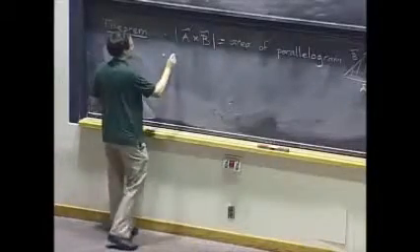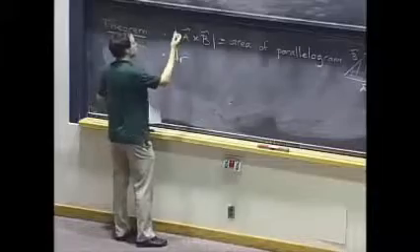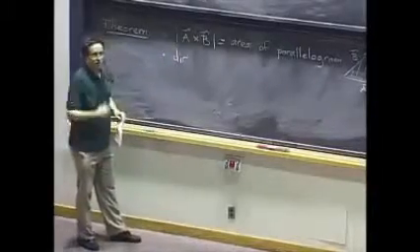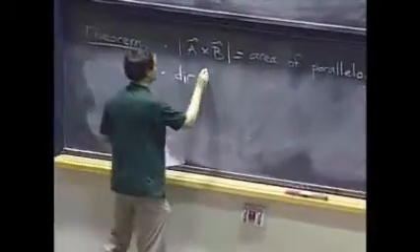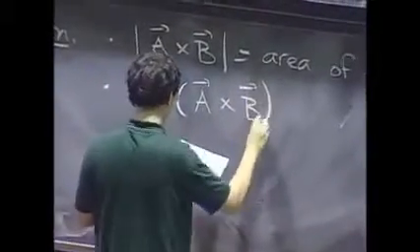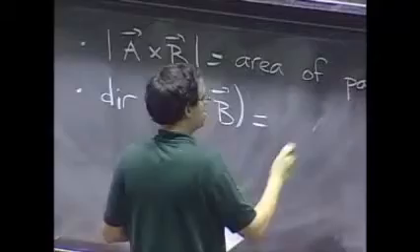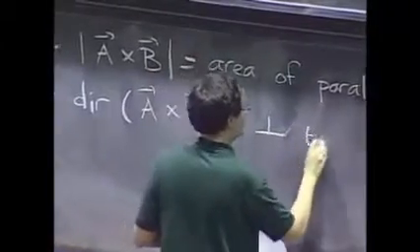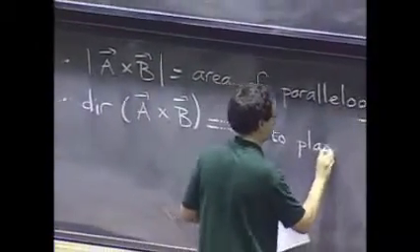And what's even more magical is that not only is the length remarkable, but the direction is also remarkable. So the direction of A cross B is perpendicular to the plane of a parallelogram.